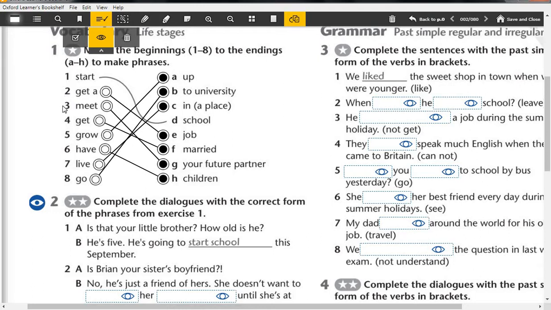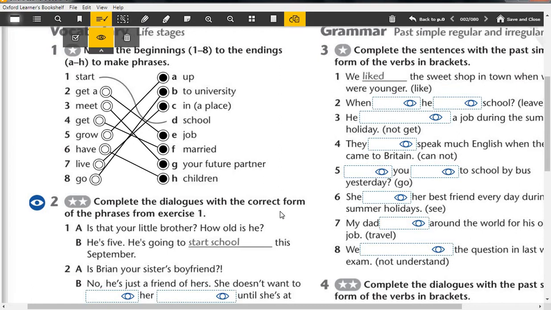Meet your future partner, 3G. 4. Get married, 4F. 5. Grow up, 5A. 6. Have children, 6H. 7. Live in a place, 7C. 8. Go to university, this is B, 8B.